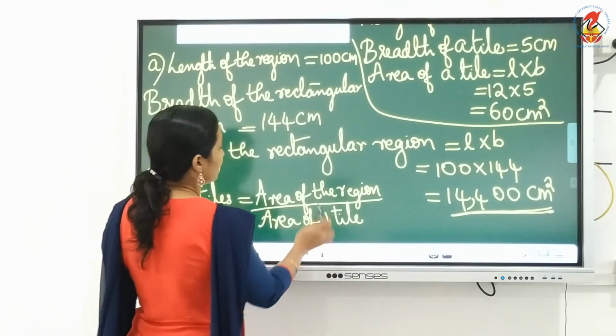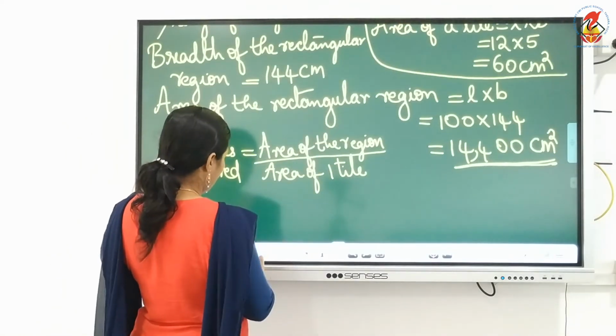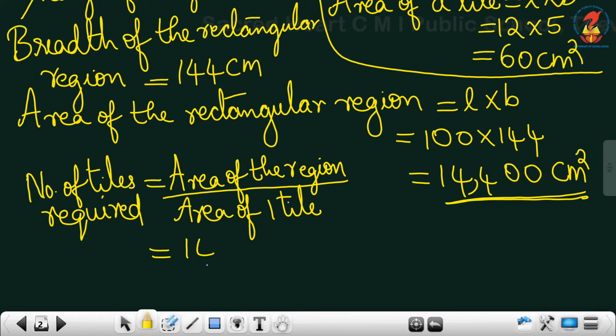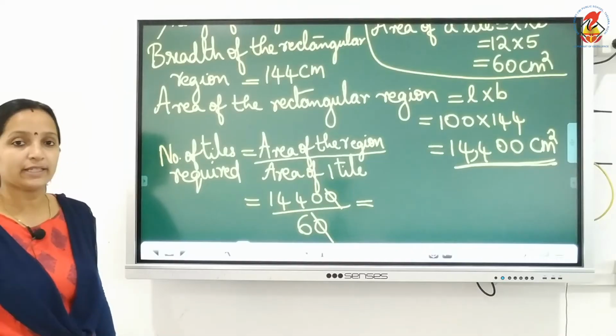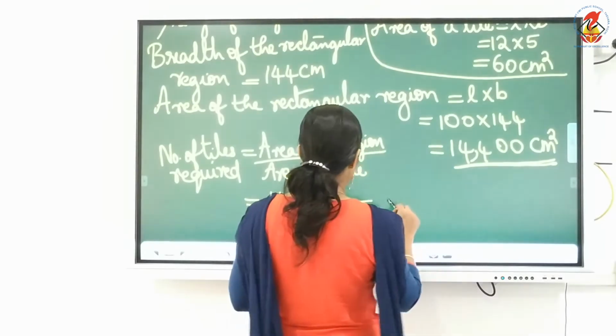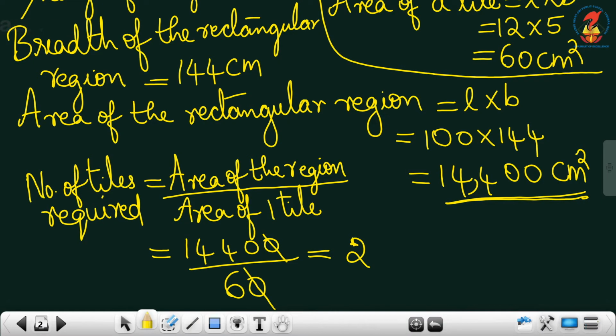14,400 divided by the area of one tile, which is 60. So just divide it. What answer will you get? 240 tiles.